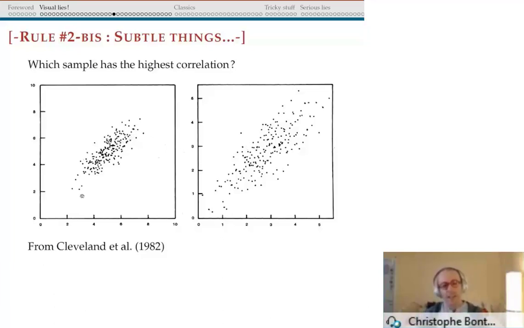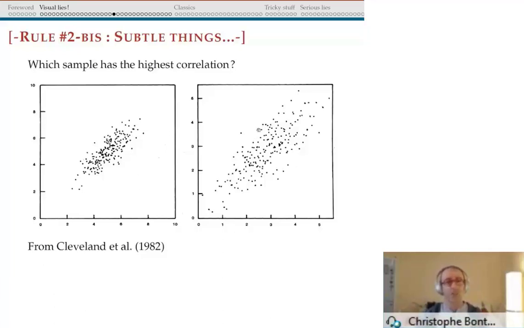So we have to pay attention to the design, because the visual test we are performing, the comparison we are doing, or whatever decision or answer we're getting from this graphic is influenced by the design. And this is what is shown in this paper by Cleveland et al.